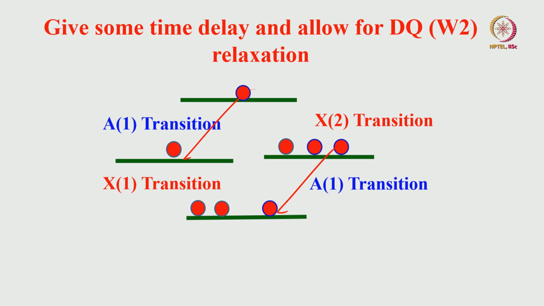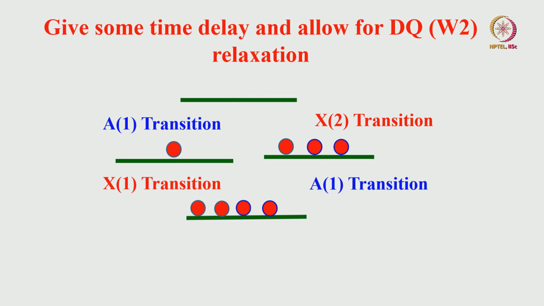We will allow the spins to come back not through single quantum, but directly through the double quantum pathway like this. I have not allowed the spins to come through single quantum. Then it would have been different: this would have come here, this would have come here, and we would have attained thermal equilibrium. That is the single quantum relaxation pathway. But I have chosen the double quantum relaxation pathway.